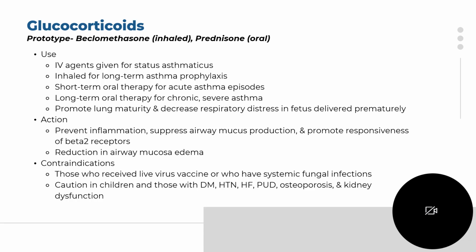So these are going to prevent inflammation, also suppress our mucus production, and help that beta 2 work more effectively. So there is going to be a reduction in that swelling and in the mucus.